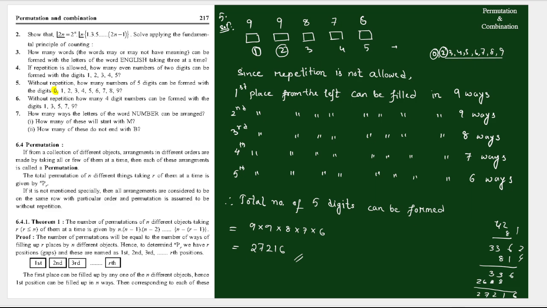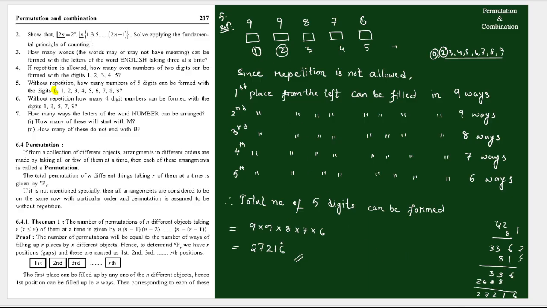Wow. So without seeing the power of permutation, the power of permutation or fundamental principle of counting. If you don't know this, then you will have to make this arrangement, right?